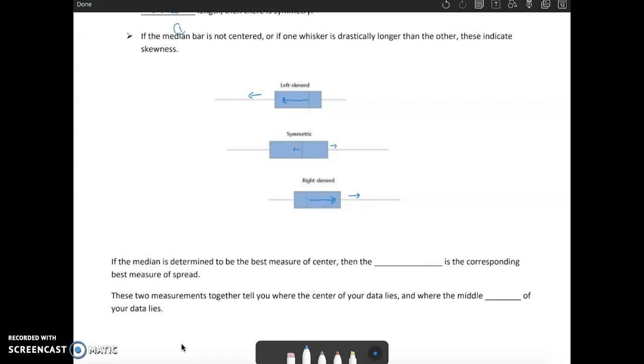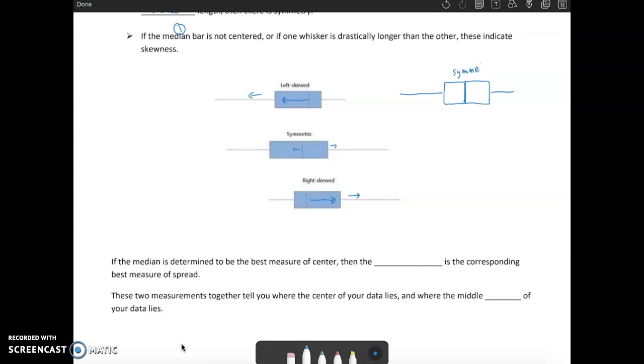So again, what I want to reiterate is that the median bar inside the box is where you want to look first. That takes precedence over the whisker length. So if we have a box plot where the median line is basically in the middle, but maybe one whisker is longer than the other, in a situation like this, I would still call this symmetric.